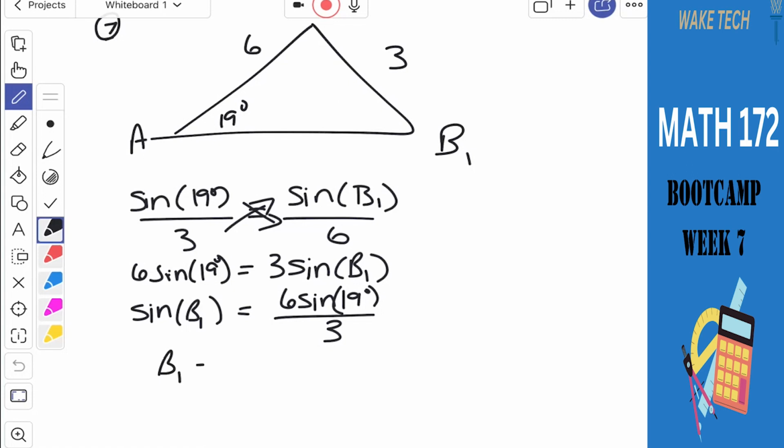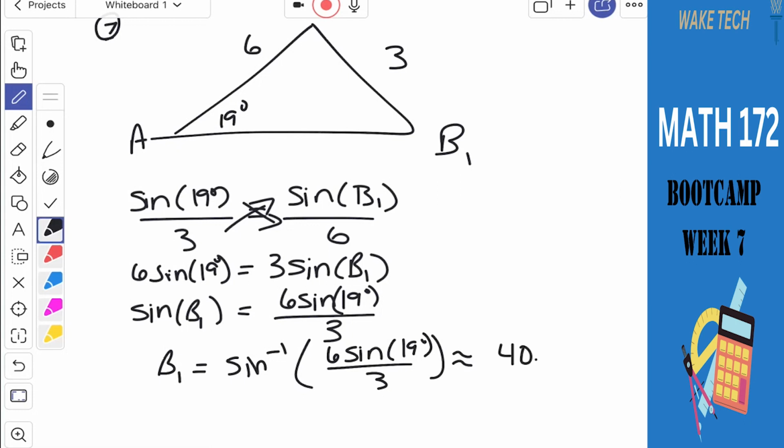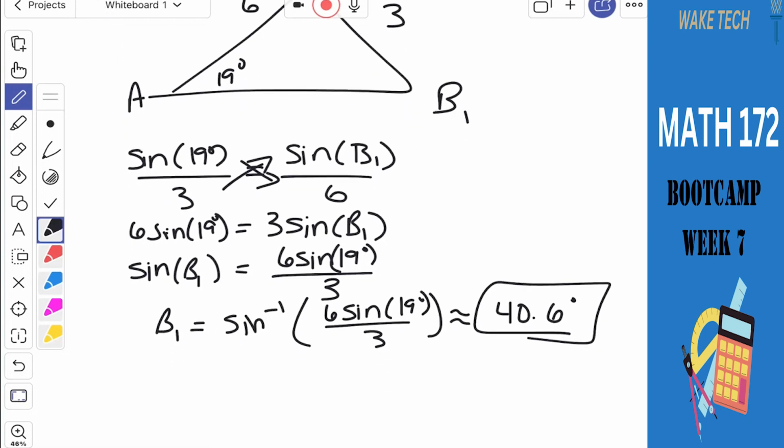And so B1 is the inverse of that. Point 63. Oh, I'm not rounding it to one place either, I guess. So 40.6 if we're rounding to one decimal place.